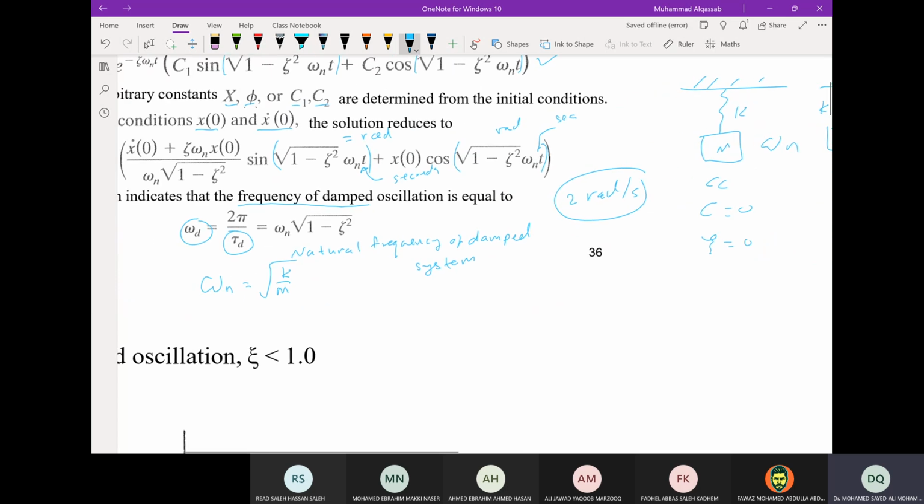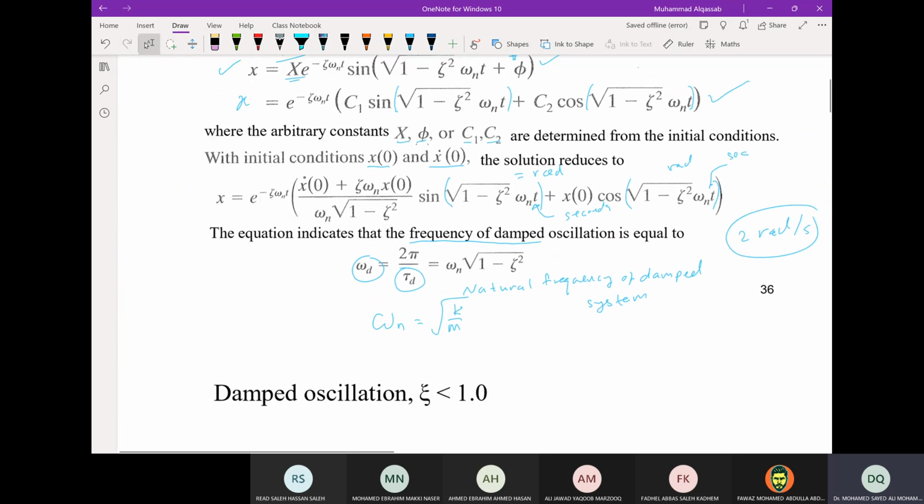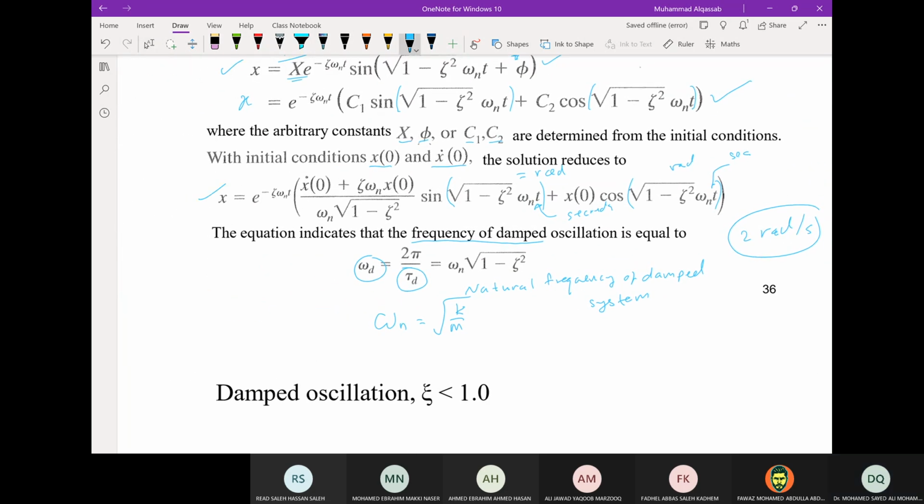If we substitute x with omega, in this equation, there is omega. This is called omega d now. The whole thing here is omega d.